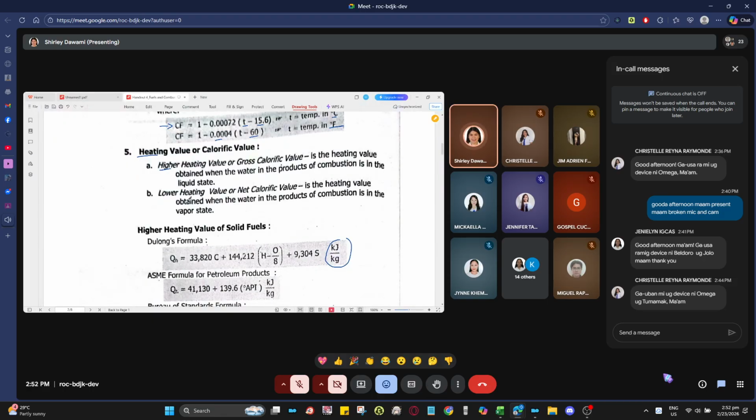So for higher heating value or gross calorific value, it is the heating value obtained when the water in the products of combustion is in the liquid state, meaning condensed, no? So mao ni difference nila between higher and lower heating value. Kaning lower heating value is when the water in the products of combustion is in the vapor state. So that means na water vapor remains in gaseous state, no?